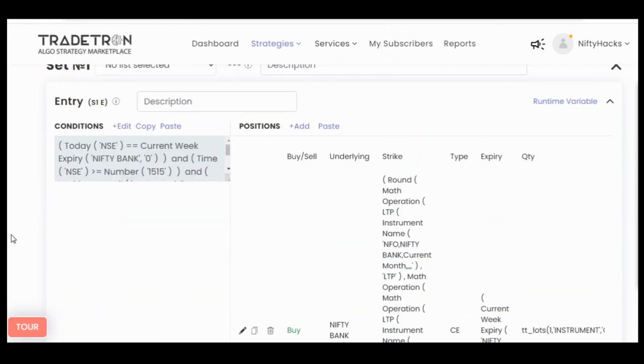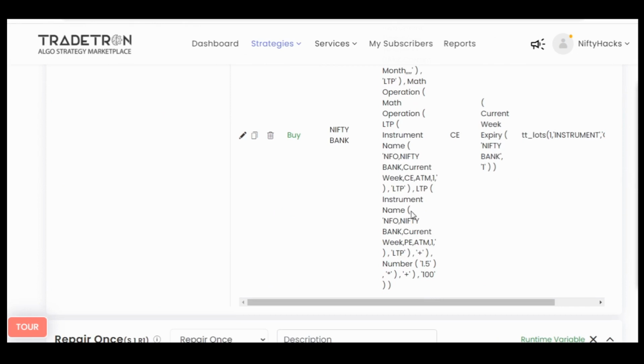The only change is that we are entering the hedges via the same set. Here we have made basically 3 sets, as you would have seen in the only code video. In the first set we are entering and managing and adjusting the CE hedge.